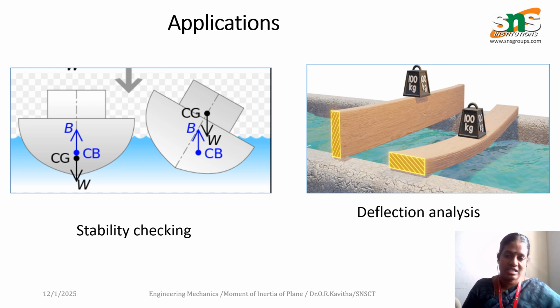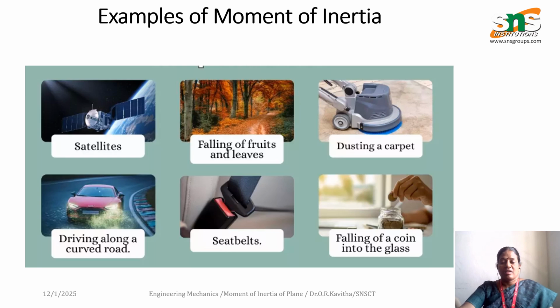The same thing is also used in deflection analysis. While we are designing beams, deflection analysis is very important. And it is not only important in designing beams and columns, but also in day-to-day life.